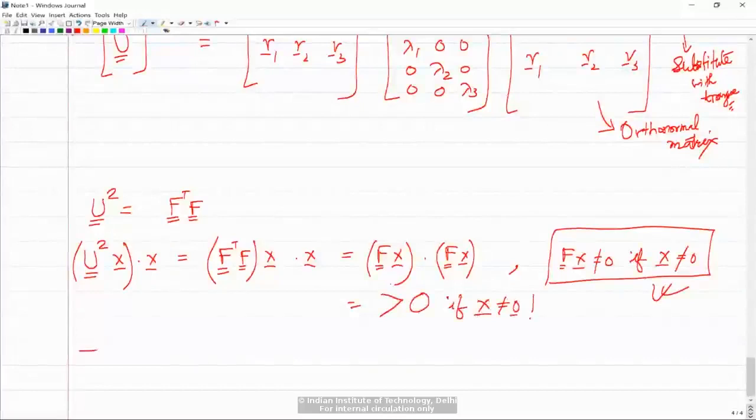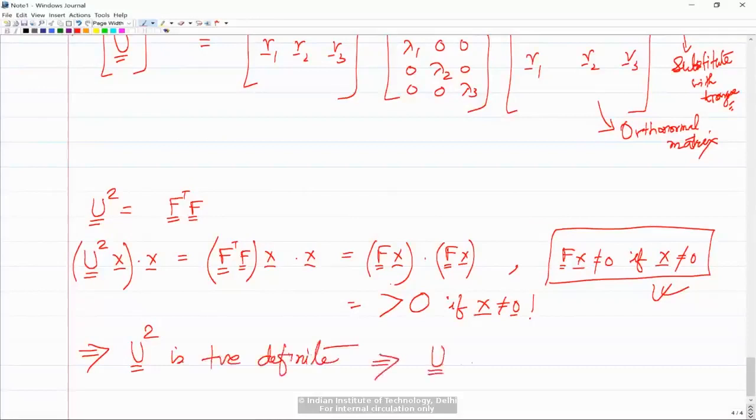So that means what you have proved is that U square is positive definite. It's not semi-definite, it is positive definite. And since U square is positive definite, this also implies U is positive definite. Because the eigenvalues are simply square root, no? If the eigenvalues of U square are positive, then for U also it will be positive. Okay, that's the proof.